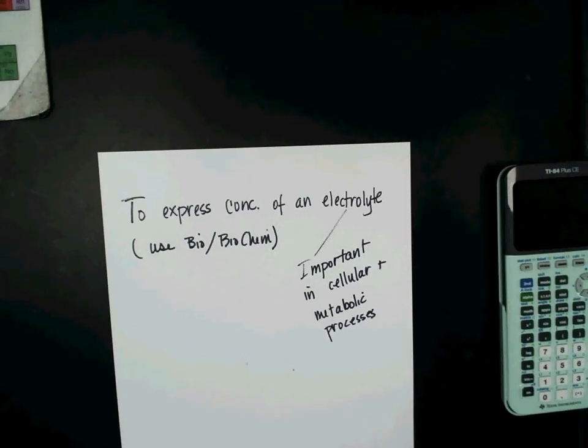But anyhow, we use it a lot more when we're talking about biochem, which is extremely fascinating stuff, or more advanced anatomy. But you have to know how to express the concentration of electrolytes to know how to prescribe things and to know how it all works. And it's really pretty easy.